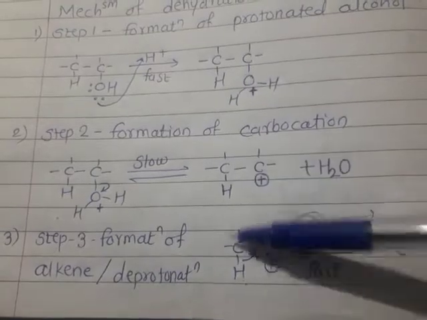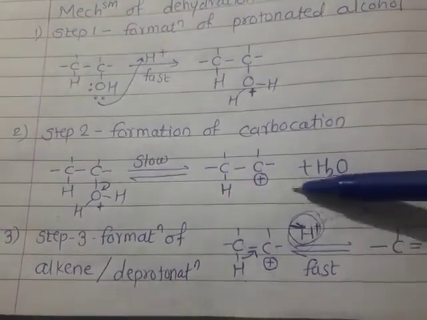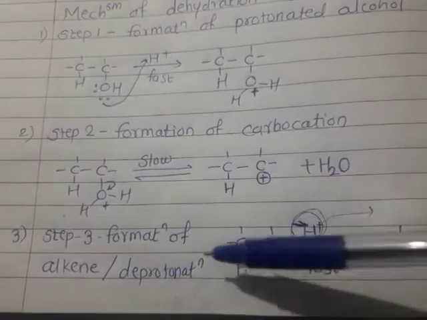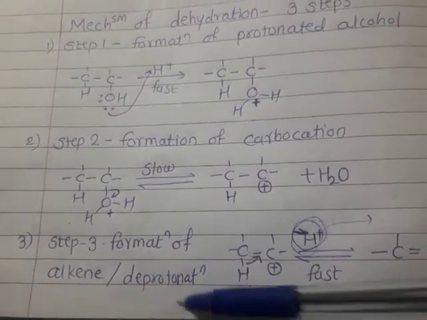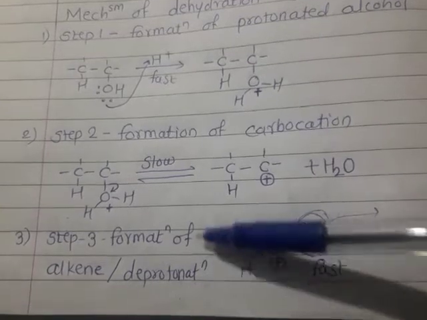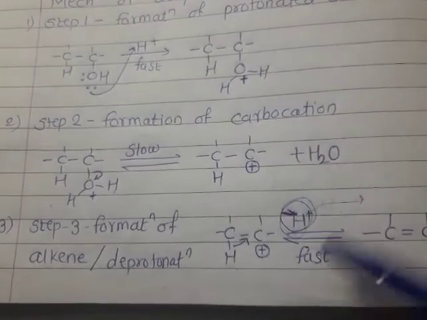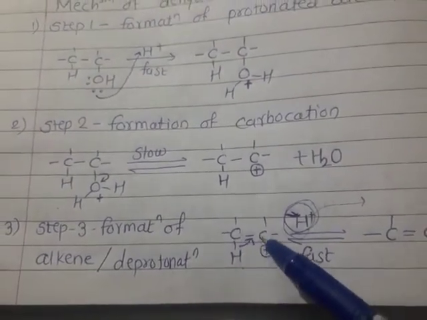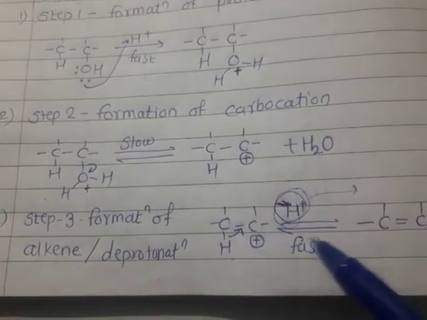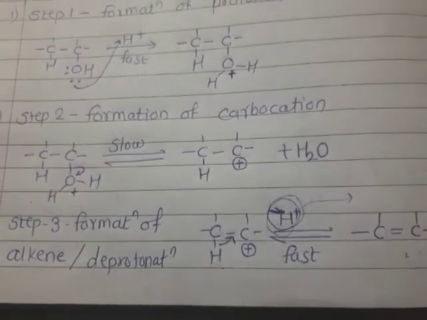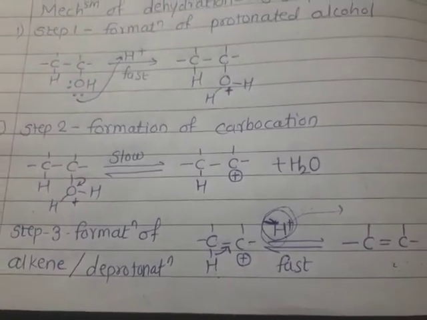Obviously out of these three, it's the rate determining step. We get a carbonium ion. And the third step is regeneration of proton, that is deprotonation, formation of alkene, formation of product. This hydrogen is removed as H plus by keeping its electrons with carbon. So a carbon-carbon double bond is formed and we get alkene as product.